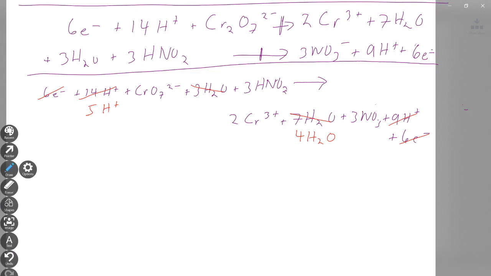Okay, so my new equation now becomes 5H plus, Cr2O7 2 minus plus 3HNO2 gives me 2Cr 3 plus, 4H2O plus 3NO3 minus.